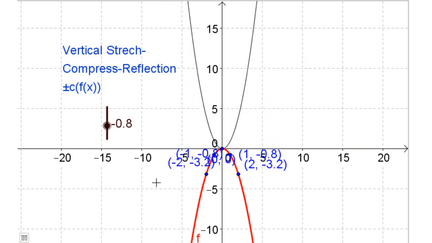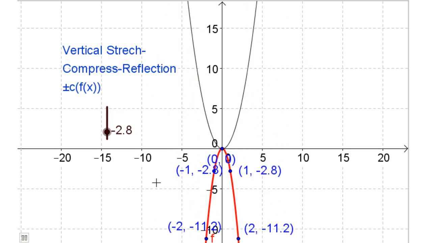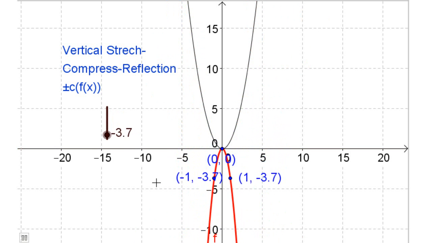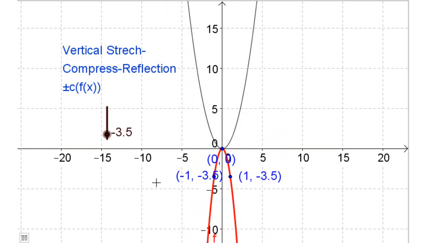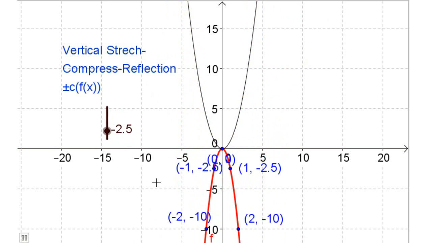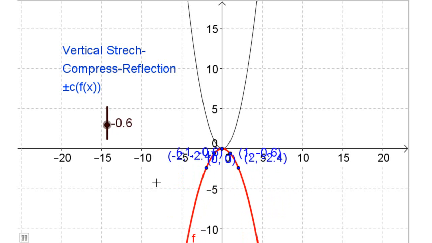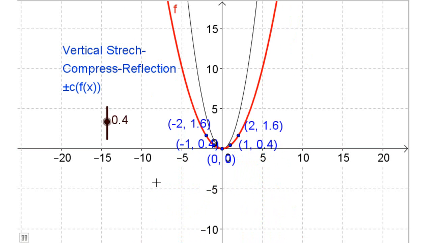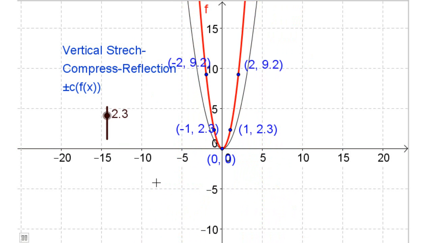When the coefficient is negative, it's reflection. And when the coefficient is less than 1, it's compressing. Suppose this interval now. Okay, this is compressing. Now it's stretching when it's greater than 1.